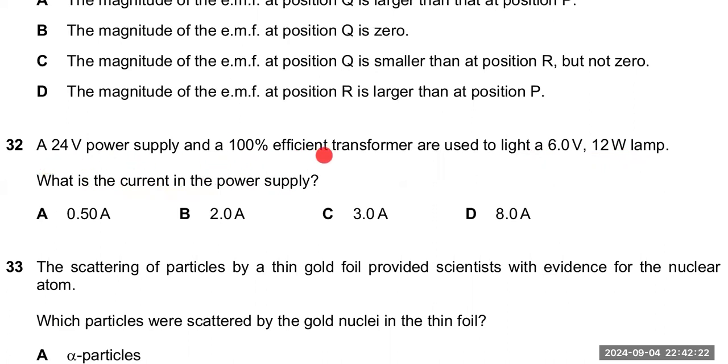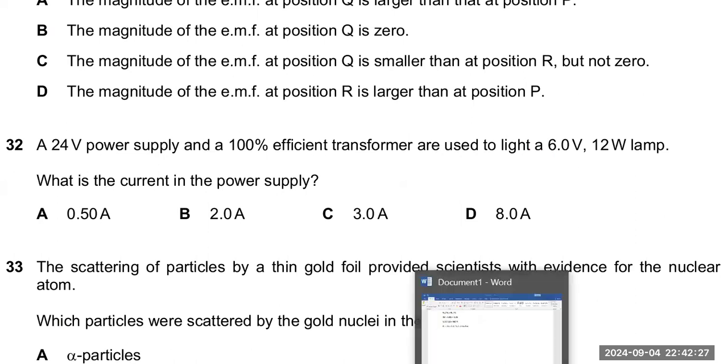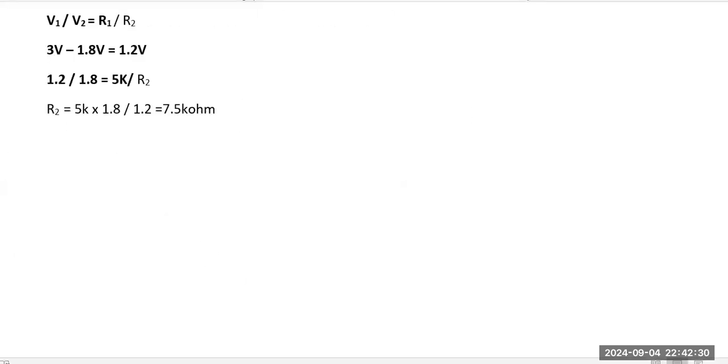Okay, look at the solution. 24 volt is given. The solution is that input power is equal to output power, because it has been mentioned in the question that the transformer is 100% efficient.